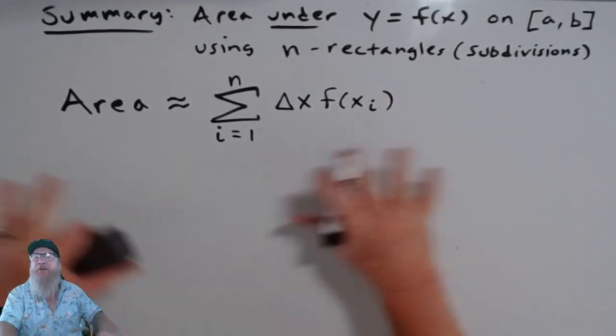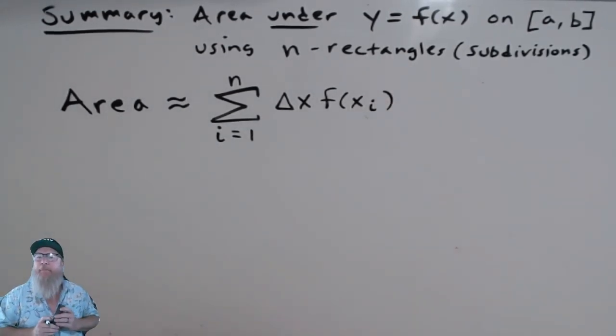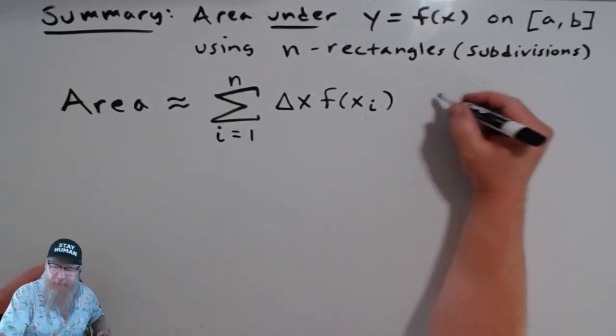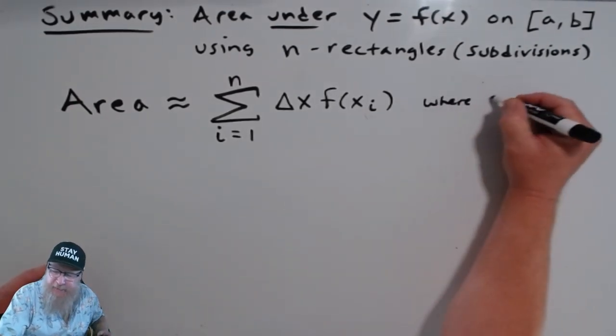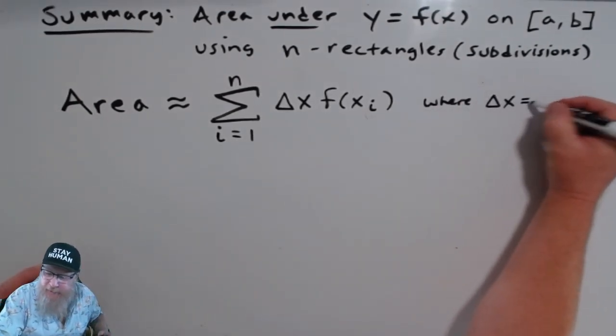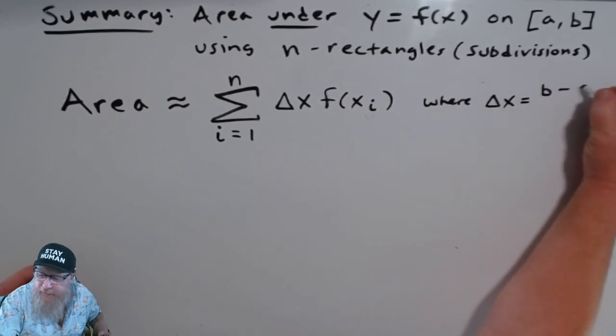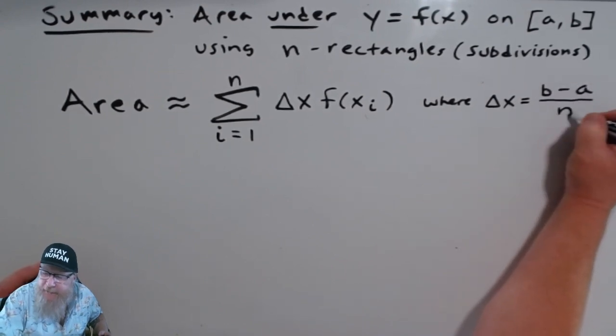And so all 3 methods use the same basic setup, where delta x is the width of each rectangle, so b minus a divided by n.